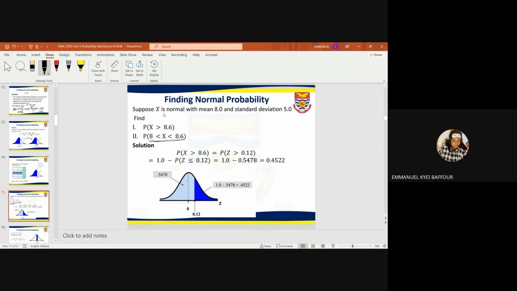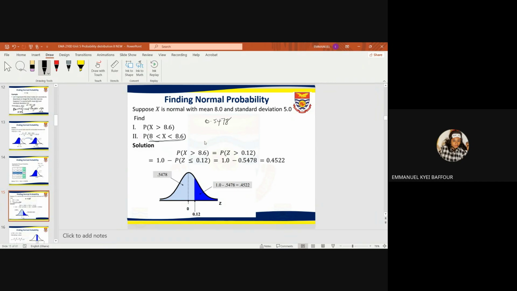So we say suppose X is normal with mean 8.0 and standard deviation 5. We've been asked to find first the probability of X greater than 8.6. So this one, because we just calculated X less than 8.6 and we had it to be 0.5478.